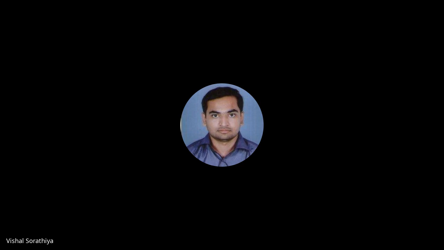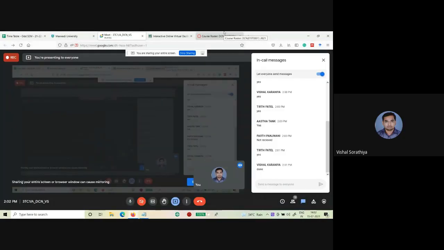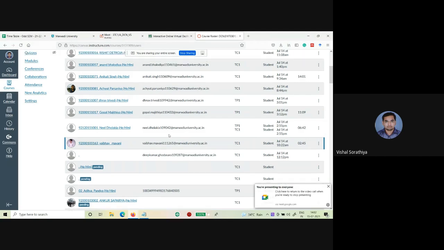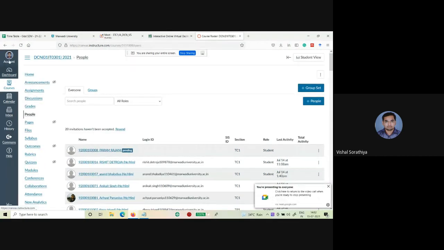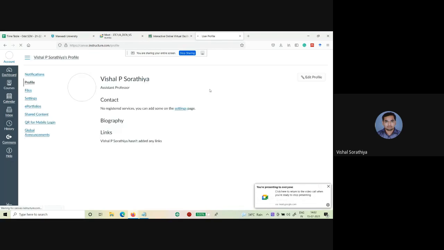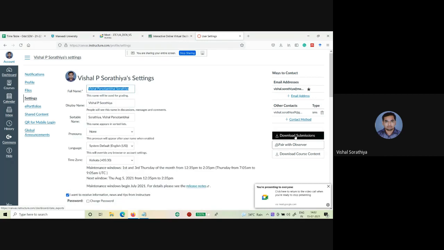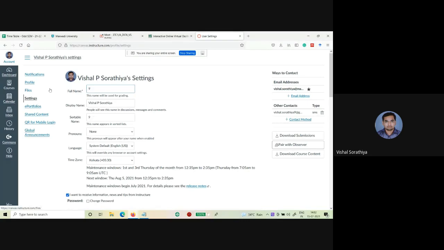Once you accept the Canvas link, those who have not received the link, I will come back to you in a few minutes. But those who have accepted the link, go to your account, then to profile, then to settings, then edit settings. Over here, write your name with your enrollment number first, then your name.